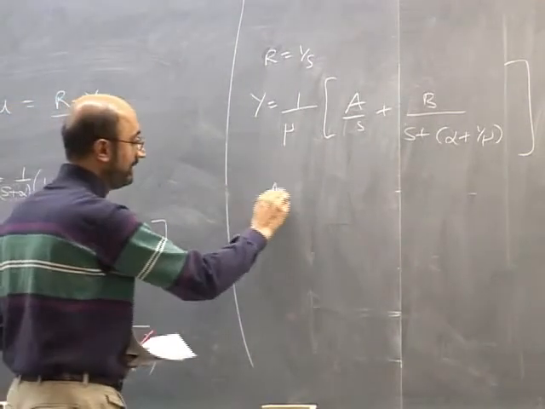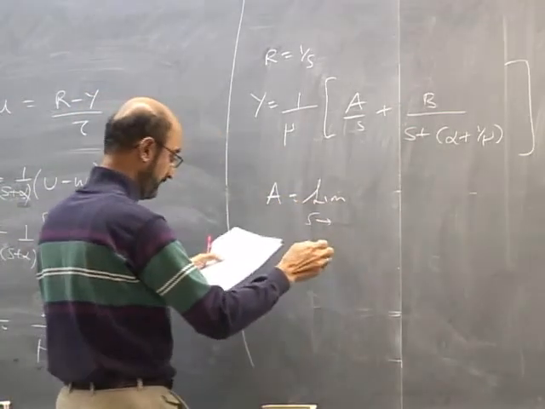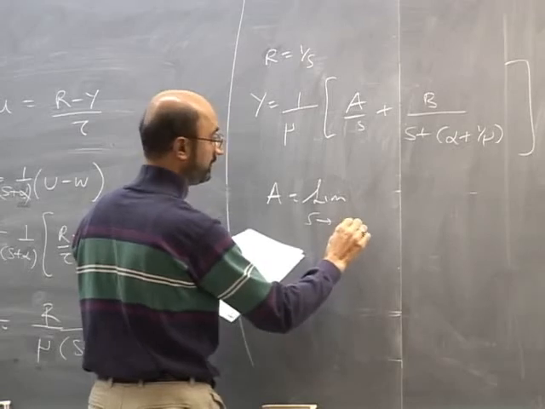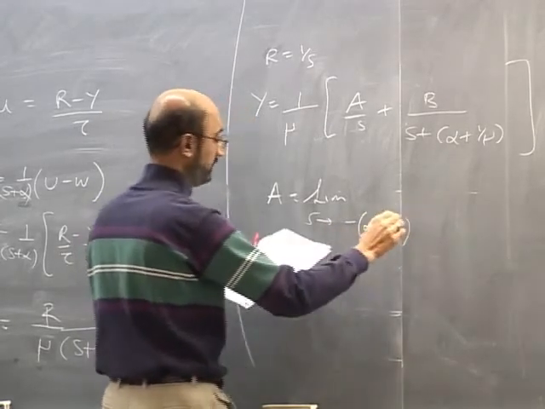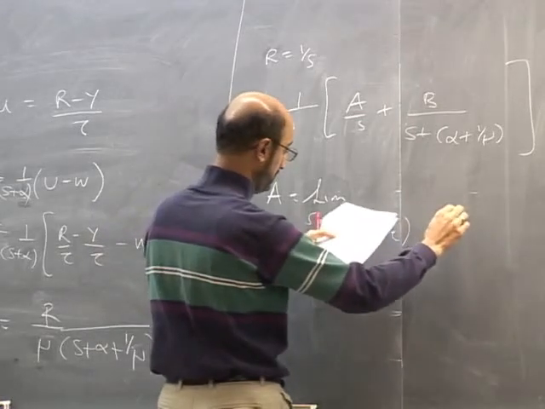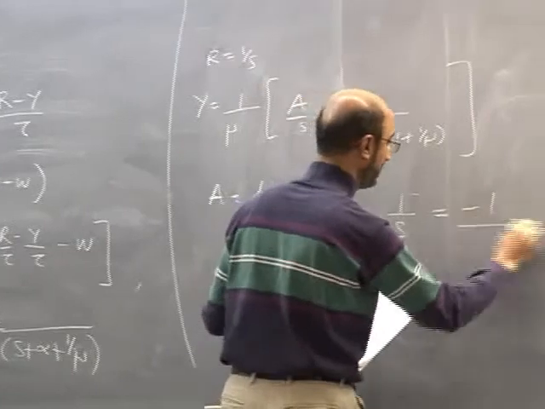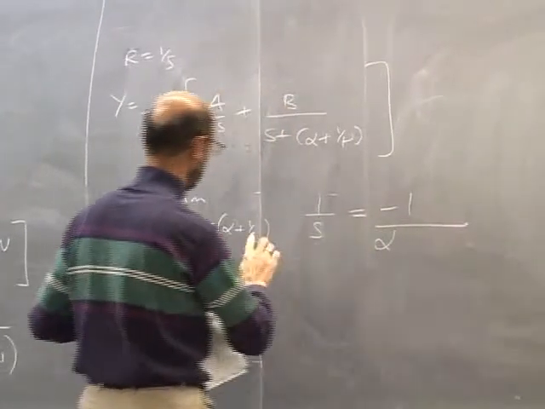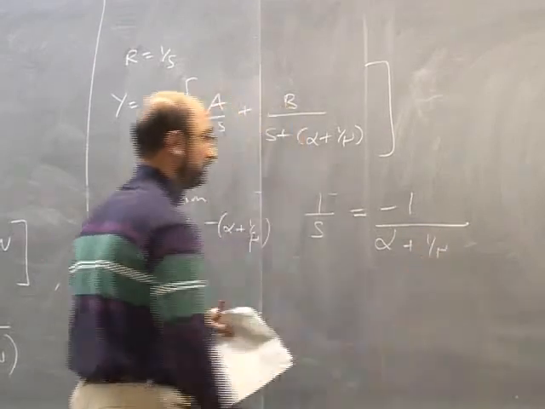And then I have A equals the limit as s tends to minus alpha plus 1 over tau. It will be 1 over s, so this is going to be minus 1 over alpha plus 1 over mu.